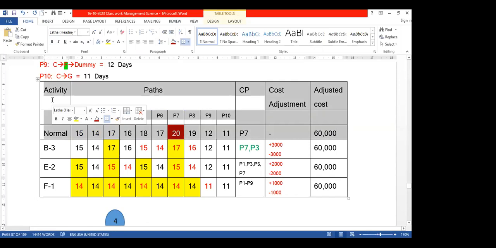After that, we start our process from the critical activities.